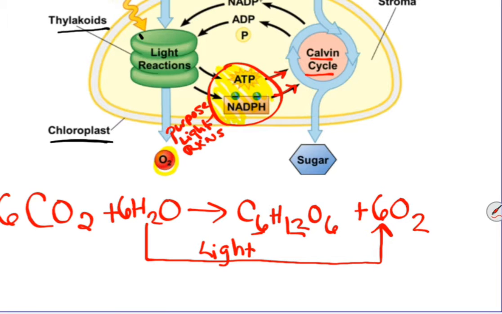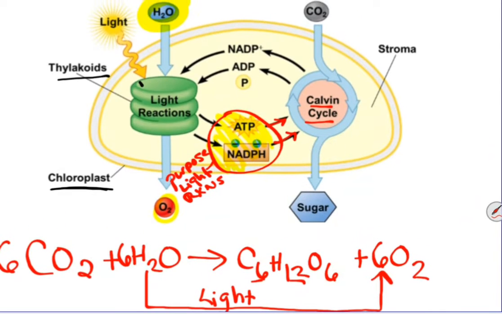And if you look up here, notice what's confusing about this is ATP and NADPH. That's the purpose of this reaction, to make energy carriers, but it's not in the overall equation that we have right here. And the reason it's not is because it's recycled.